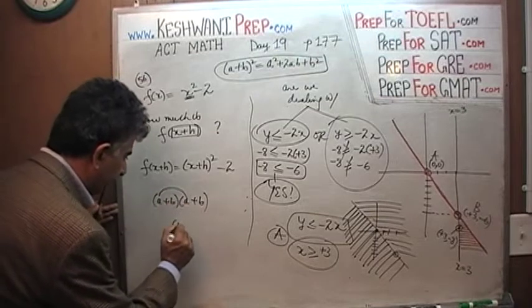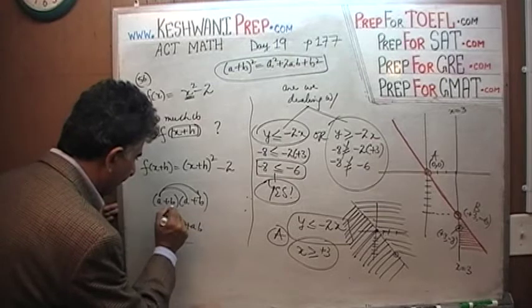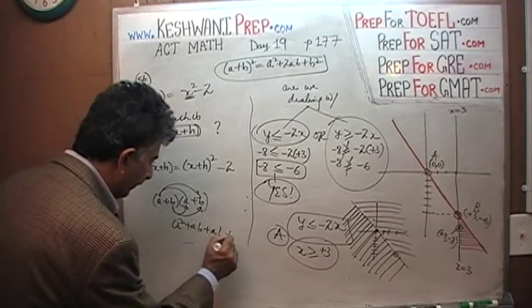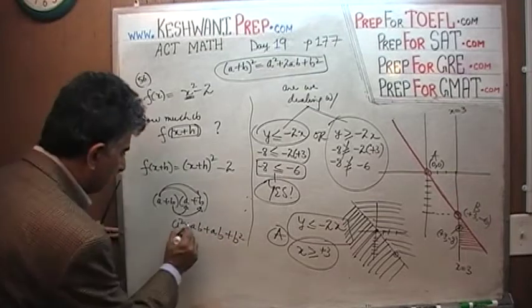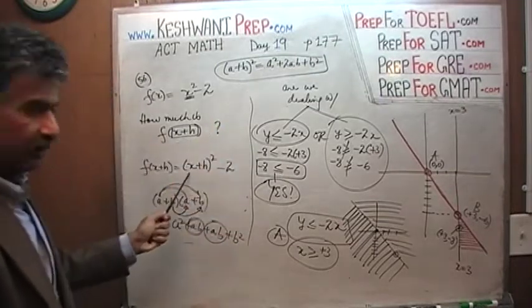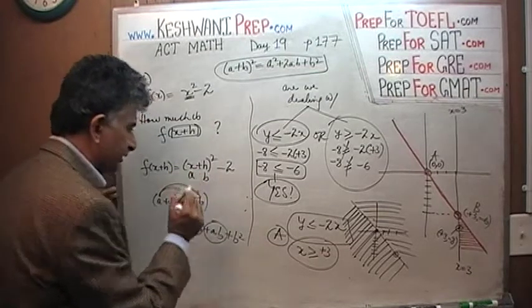A squared, a times b is ab, and b times a is ba, and then b squared. As you can see, a squared plus 2ab plus b squared is what we have here, except our a is x and our b is h.